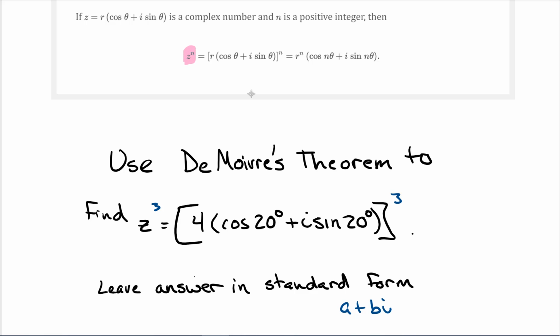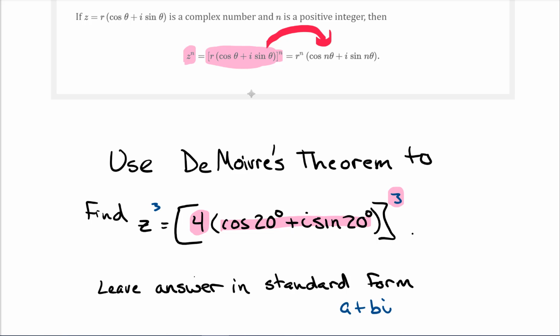So with z cubed, our n is 3. And it's sitting in this form here, isn't it? There's the radius. There's your n. And then there's your cosine of theta plus i sine of theta. But it turns out that our theta is 20 degrees.